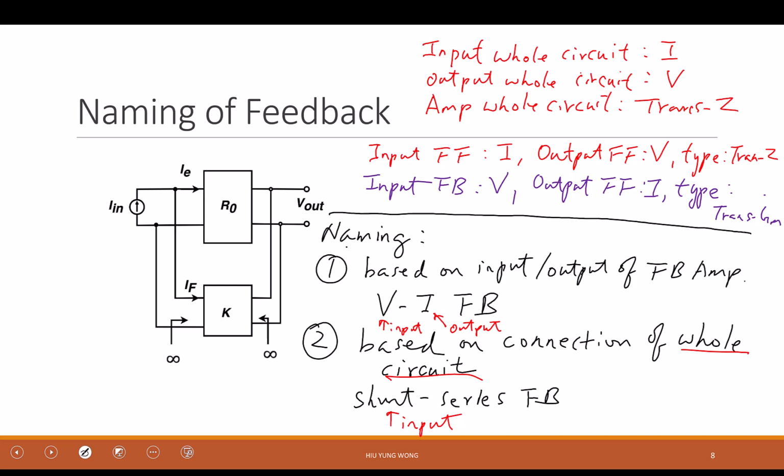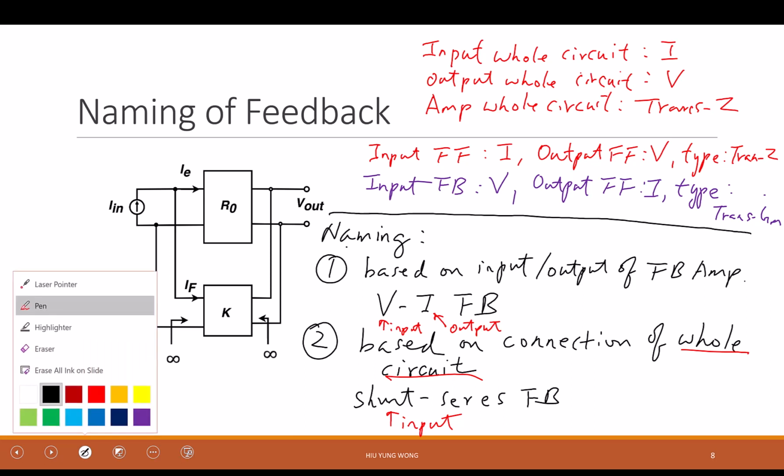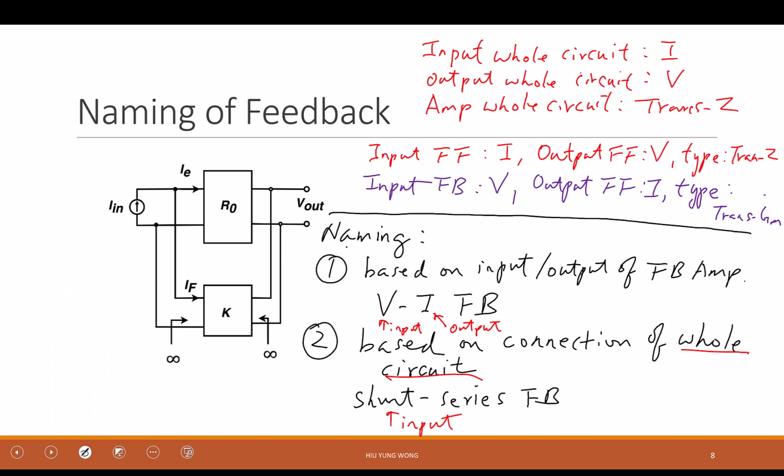And then this one. Yes, can you continue? Since the output is a voltage, and we're trying to split it up, it has to be a series connection. Right, because the output is voltage. So I'm wrong. Actually, I'm wrong. Shouldn't it be series shunt? Did I say the wrong thing? Completely wrong, right?